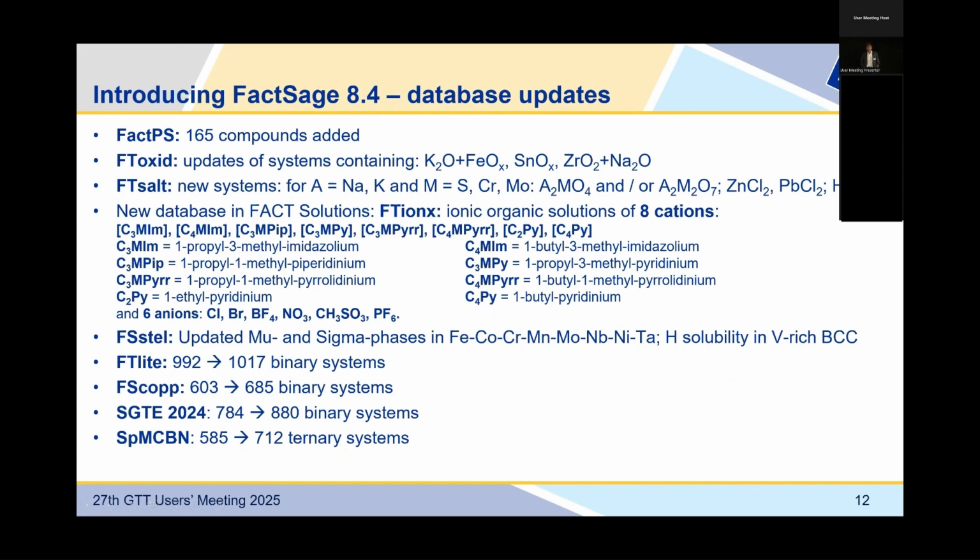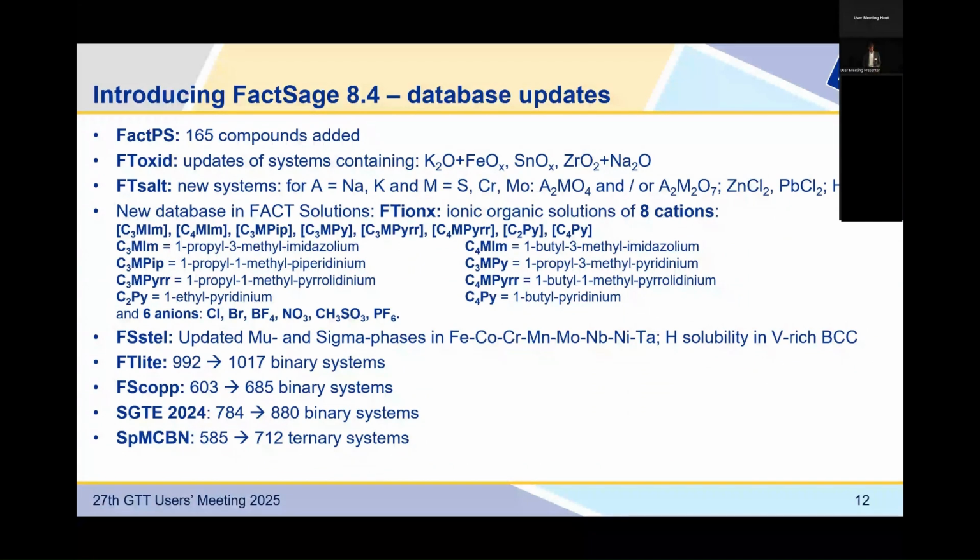Then the FSstel database. The mu phase, if you ever looked through the list of phases in the STEEL database in the current version, you would see, I guess, 3 or 4 different solution phases of mu phases. The mu phase is an intermetallic which is really hard to model consistently.